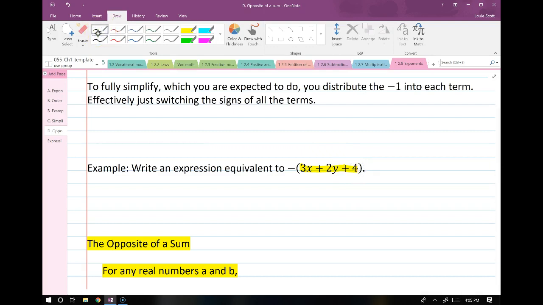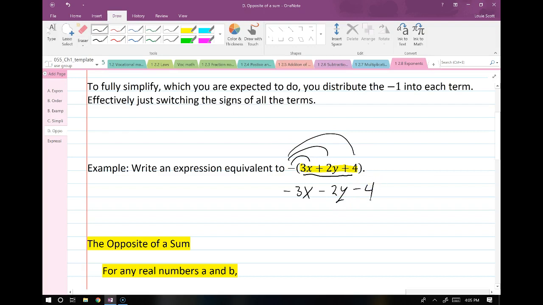But unless you're being a lazy mathematician, which is okay if that's all I ask for, if I ask you to simplify things, which you always should on an exam, then you just want to distribute that negative. So in order to distribute a negative, you just change the signs of everything inside. Notice how everything in here is positive right now. Now I just distribute this negative. So this becomes a negative 3x, a negative 2y, and a negative 4.